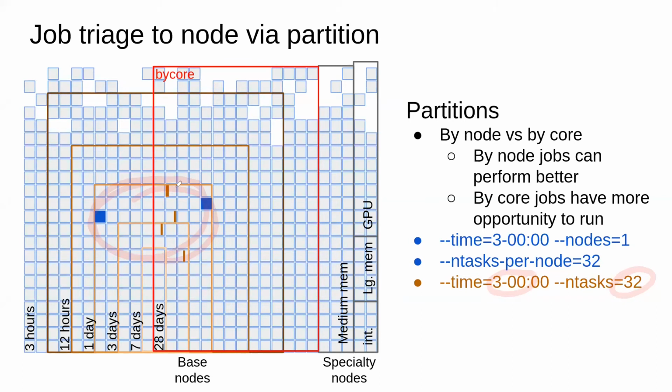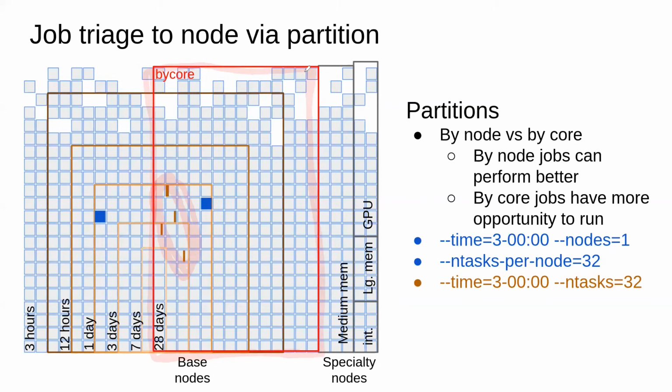And then that job can end up distributing itself across several partial nodes. That job getting distributed across multiple nodes forces it to stay within the by core partition node set.